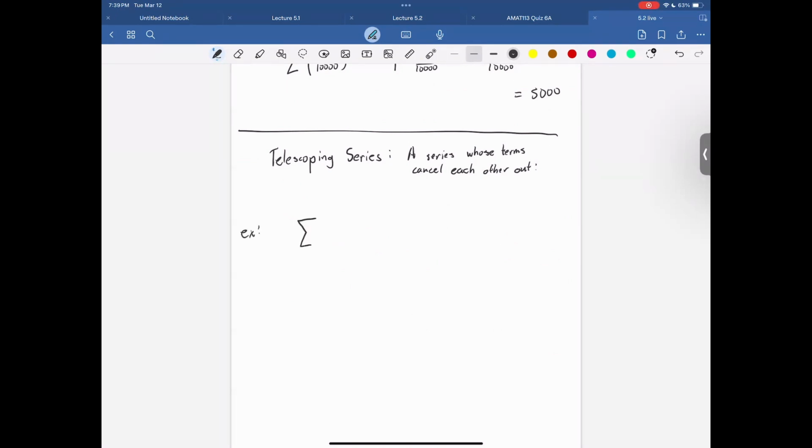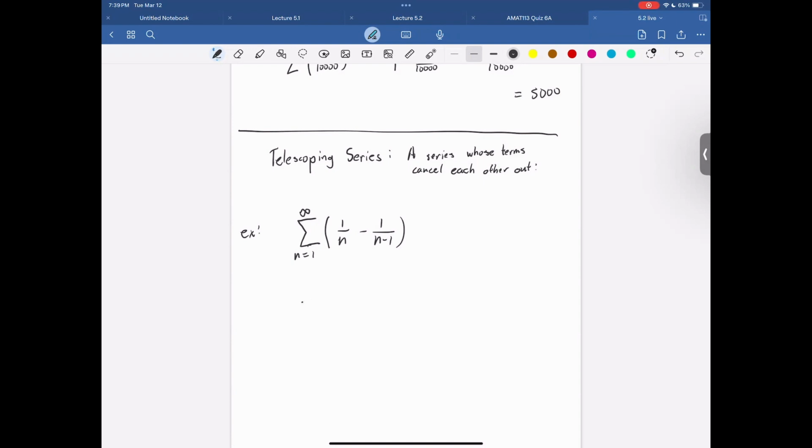This is just a fun little example. So let's do the sum from n equals 1 to infinity. We want each term to be of the shape 1 over n minus 1 over n plus 1.